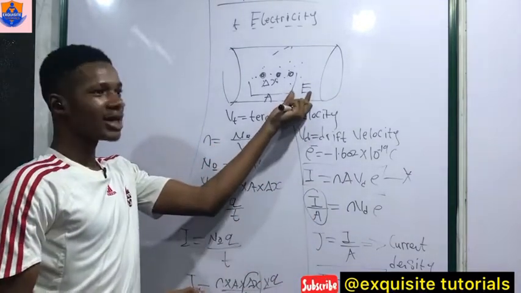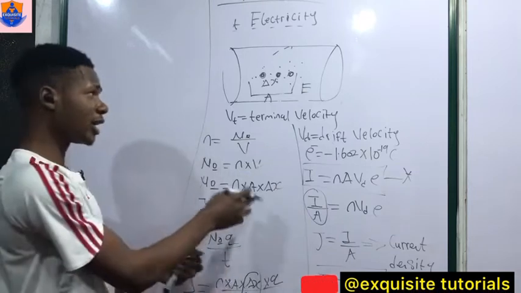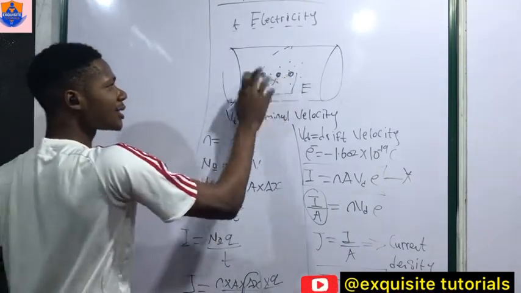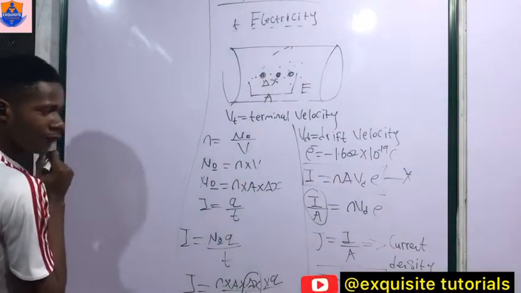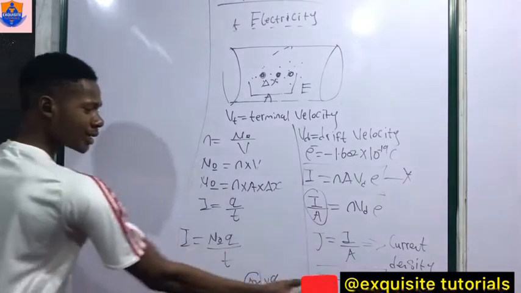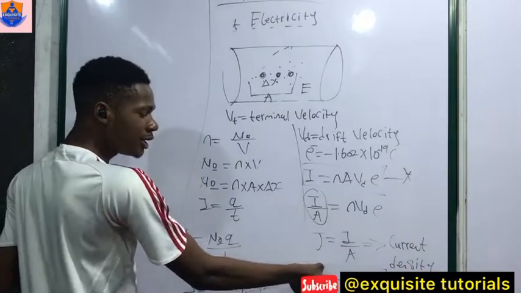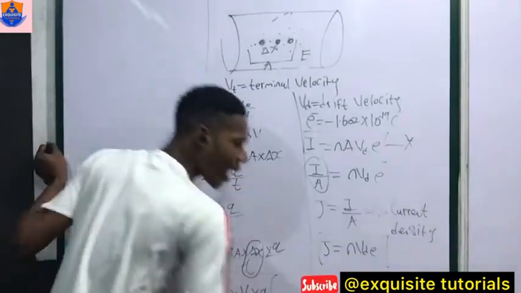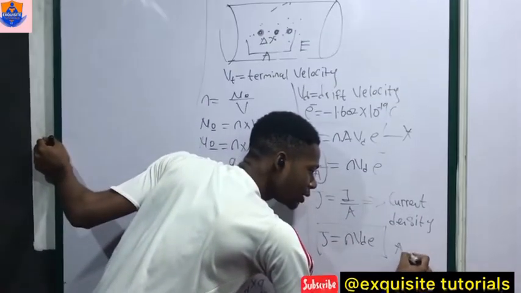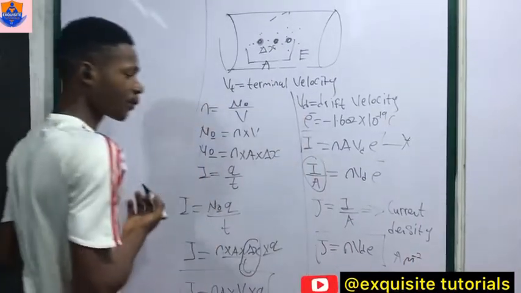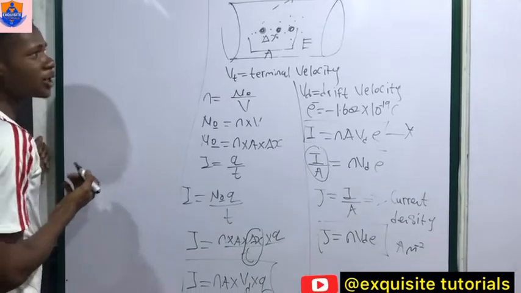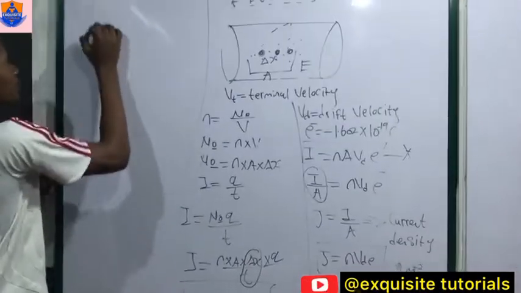Remember, E represents the strength or the magnitude of an electric field. Now, these guys actually create electric fields, and from observation we have seen that this guy here, which is the current density, is measured in amperes per meter square.